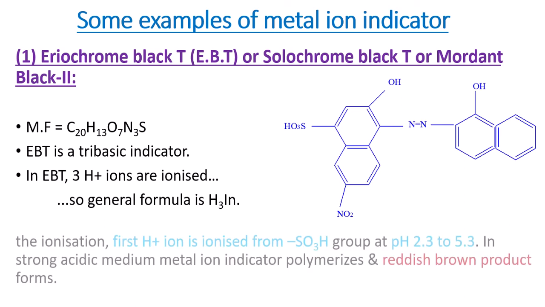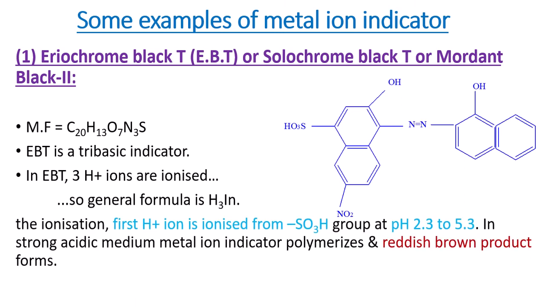Now here we see the change in the pH. The first ionization is from the SO3H. So the first H+ is ionized from the SO3H group within the strongly acidic medium of a pH range between 2.3 to 5.3, where the metal ion indicator polymerizes and hence gives a reddish brown product.